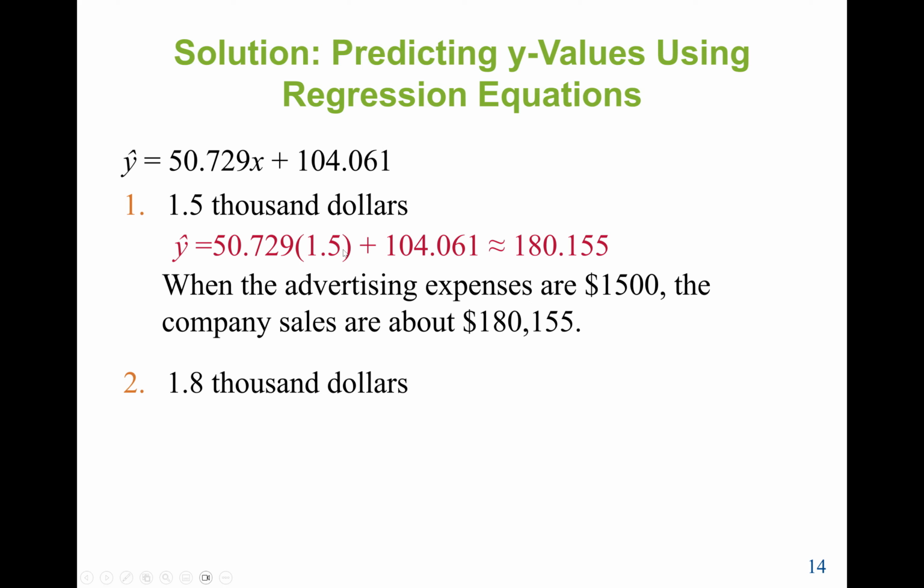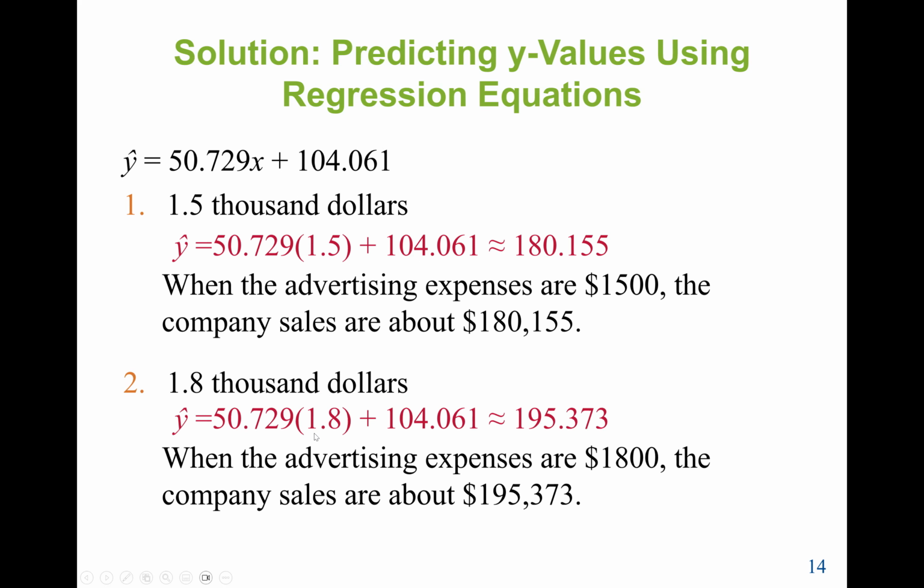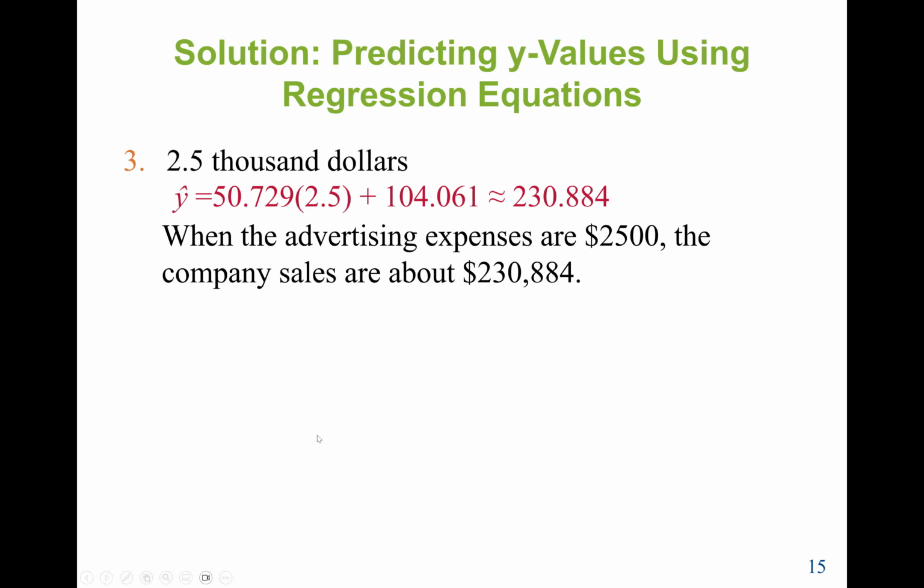All we need to do is substitute x with 1.5. When x is 1.8, we do the same thing, substituting x with 1.8. And for the last one, 2.5, we substitute x with 2.5, and we get the predicted value of 230.88.